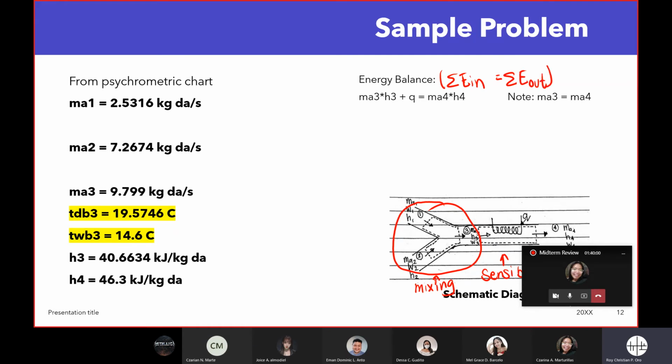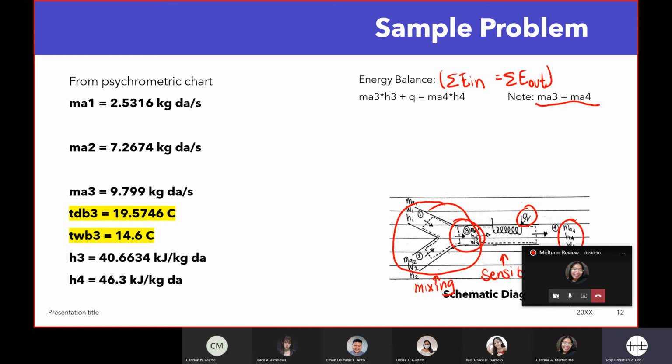We must consider that two are coming in, state 3 and heat Q, while only one is going out, state 4. Since there is only one input and one output of dry air, the mass flow rate of dry air at state 3 is equal to that at state 4.